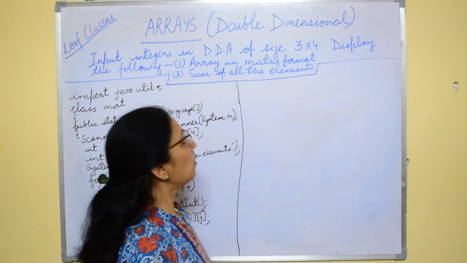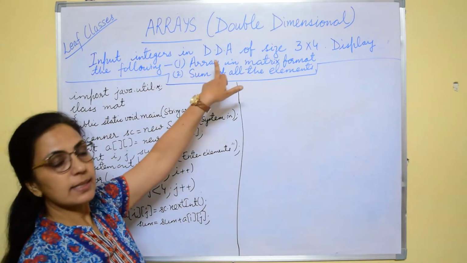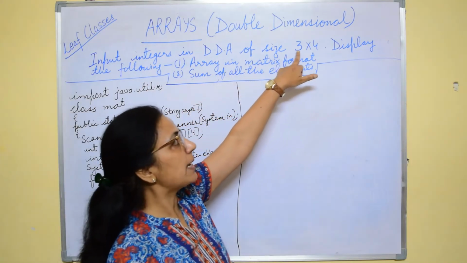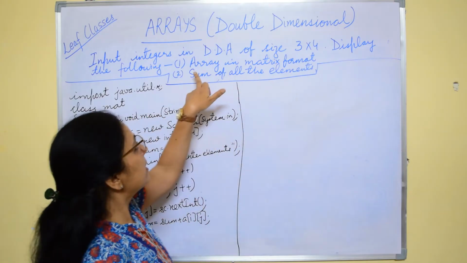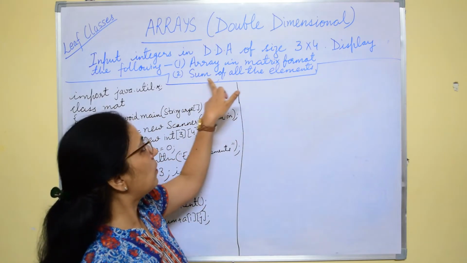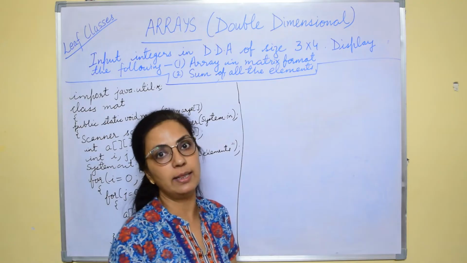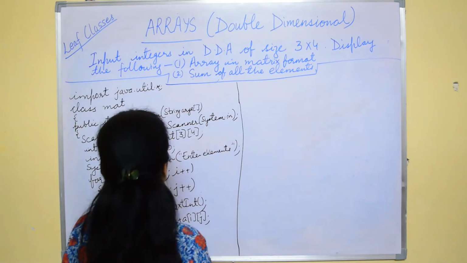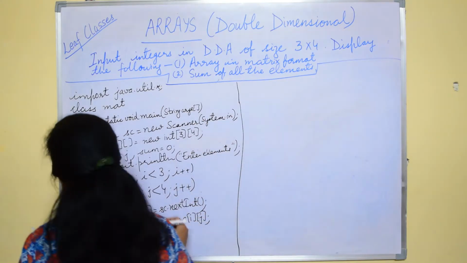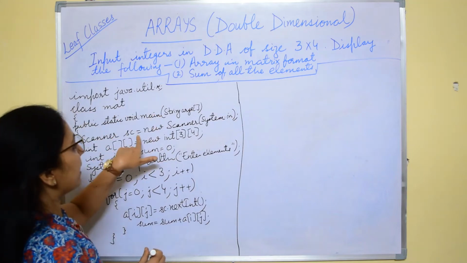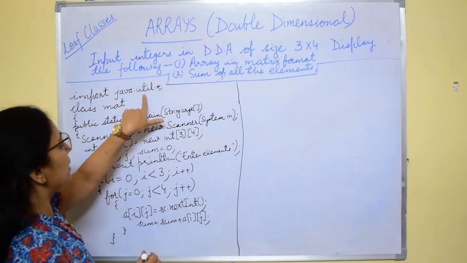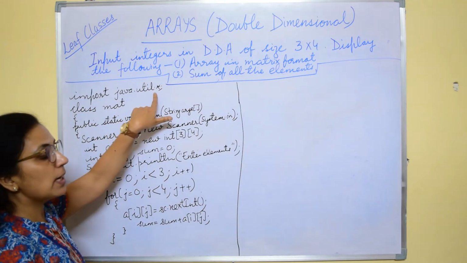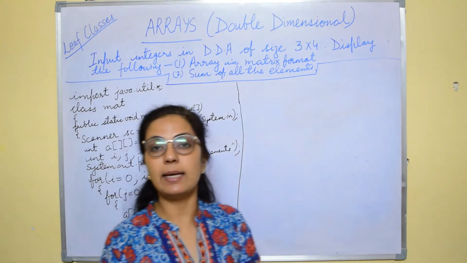So now I am taking one question to input integers in a double dimensional array of size 3 by 4 and display the array in matrix format and sum of all the elements. Okay. Now for this we are using scanner object. So I have taken import java.util package to use scanner class.